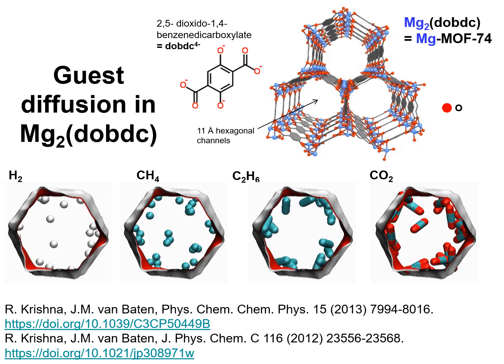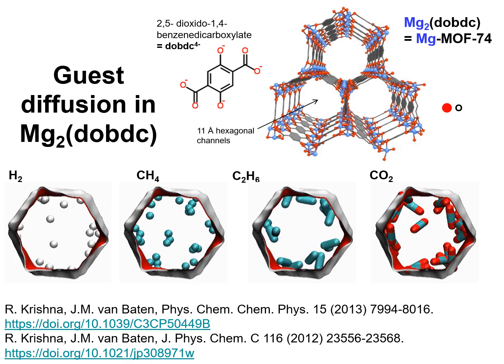Let's move on to ethane. The story is the same. Ethane has a much stronger adsorption strength than methane and stays longer near the wall, because it's more strongly adsorbed. And you will also note that the mobility of ethane is lower than that of methane.